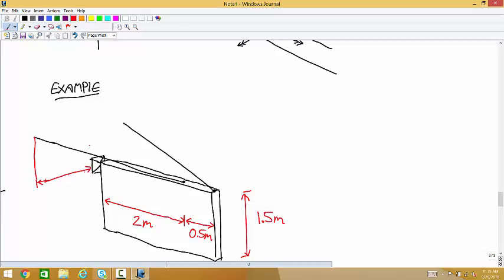So this distance is 1 meter, and this height is 1 meter. So that tells you where this cable attaches.